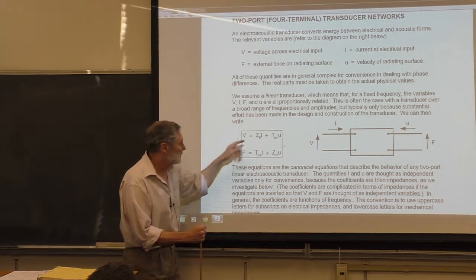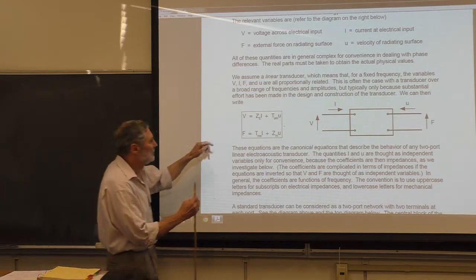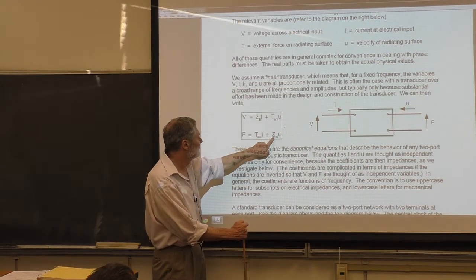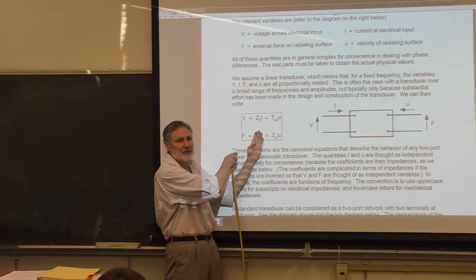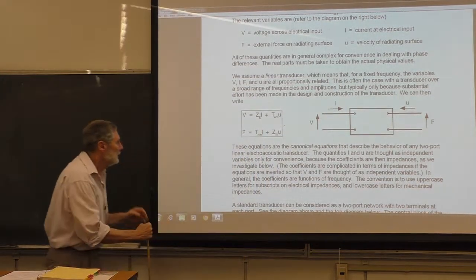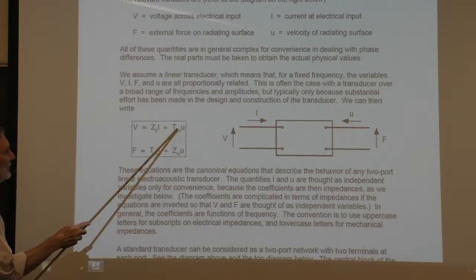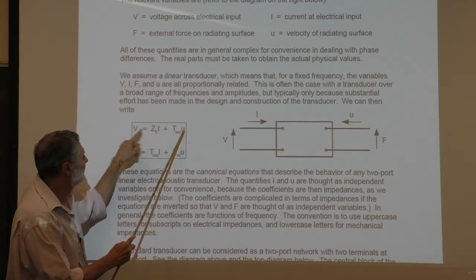Now, we have these impedances here, the electrical impedance, the mechanical impedance. Zm is just the force divided by the velocity. The coupling terms here, this is the whole point of transduction. You can see that mechanical motion gives a voltage.